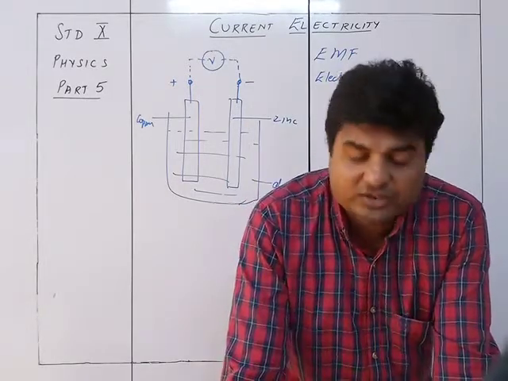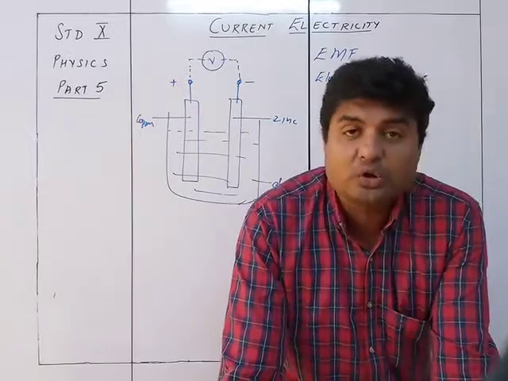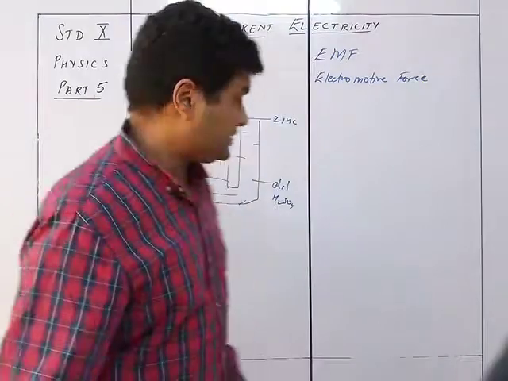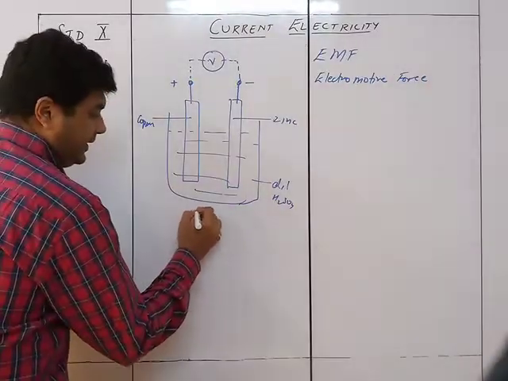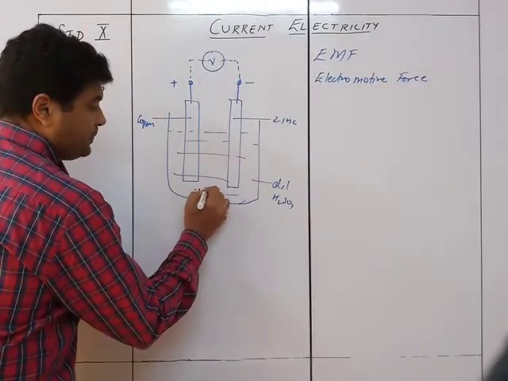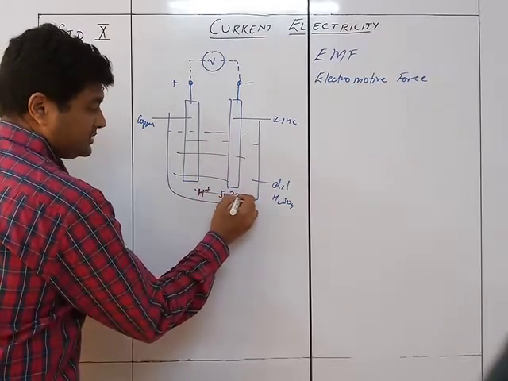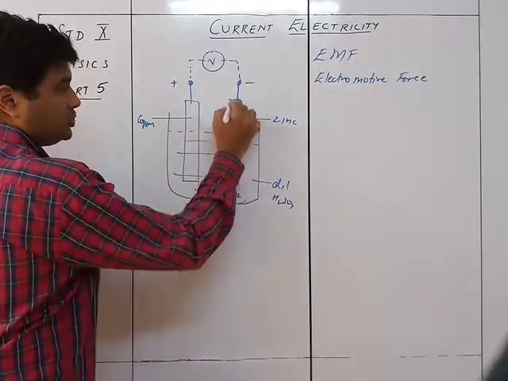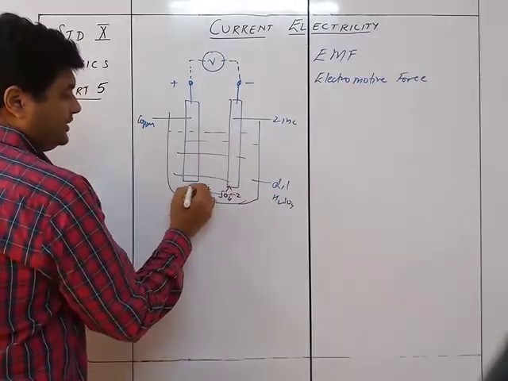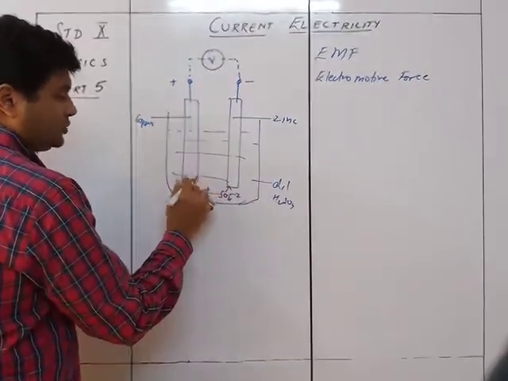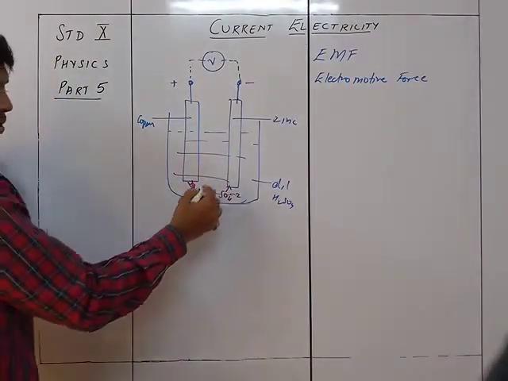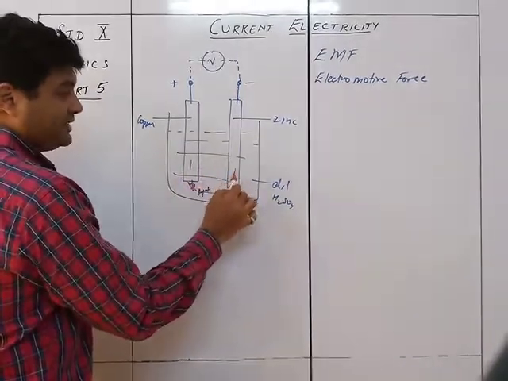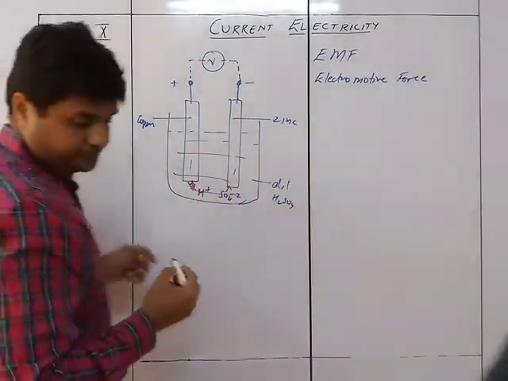The negative ion SO4 imparts electrons to the zinc electrode. This is H plus and SO4 2 minus. So this SO4 2 minus is going to keep on giving electrons to the zinc side, and H plus is going to take electrons from this side. So accordingly, there will be a potential difference developed between this and this, due to which the current can flow.